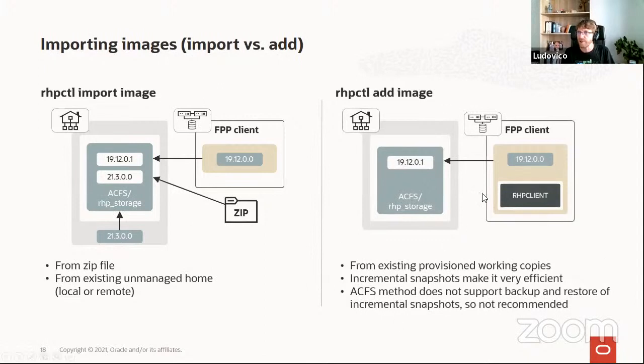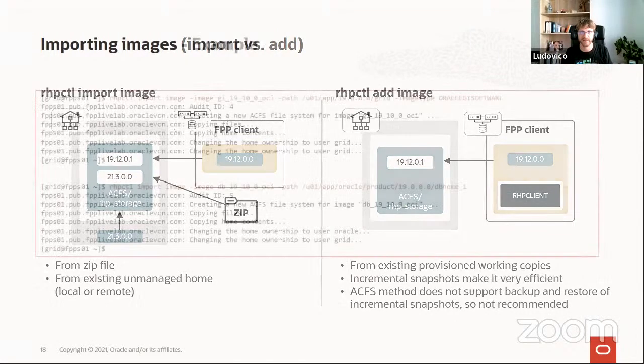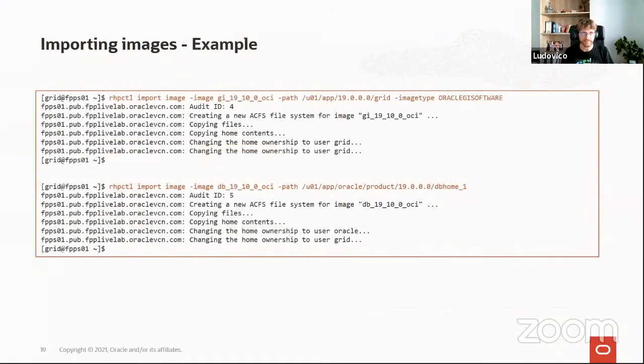This other add image option, I will explain later, but it's related to having the Oracle homes installed on ACFS on the target. It's a little bit more complex, but what it allows is to have incremental snapshots. Instead of importing a full image, it can import only the differences between two versions. I will explain it in more detail later.